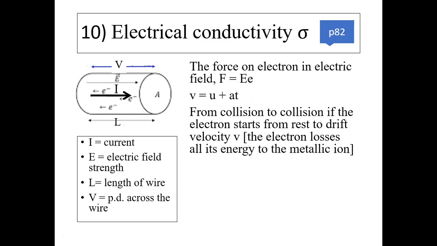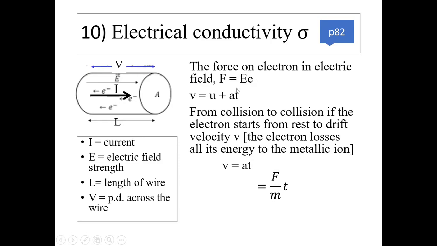That's our model. Right? That's the best we can estimate. Electron lose all its energy to the metallic ion. So our u equals 0, so it becomes at. Then we replace our a with F over m. F equals to ma, so a is F over m.